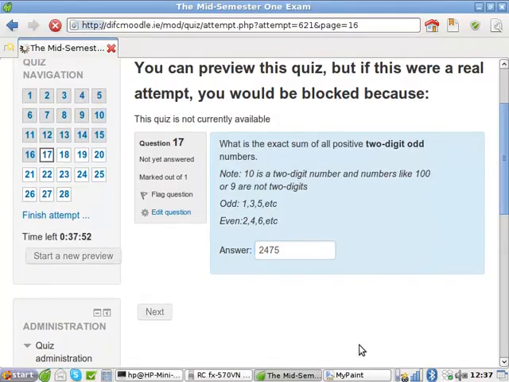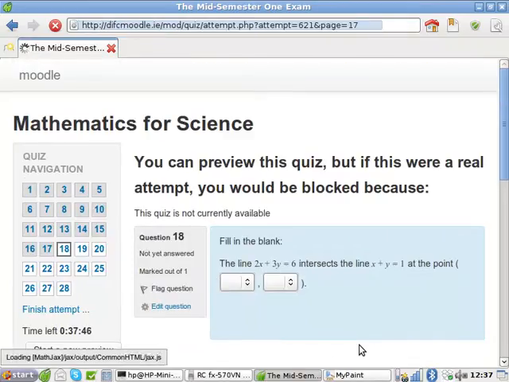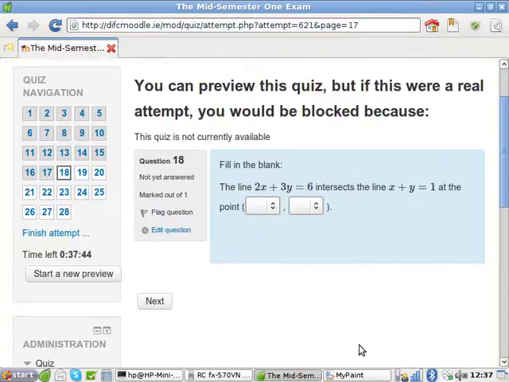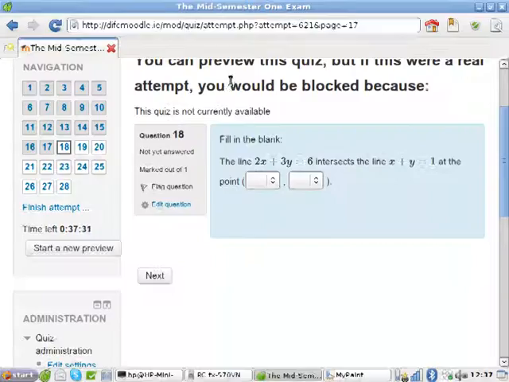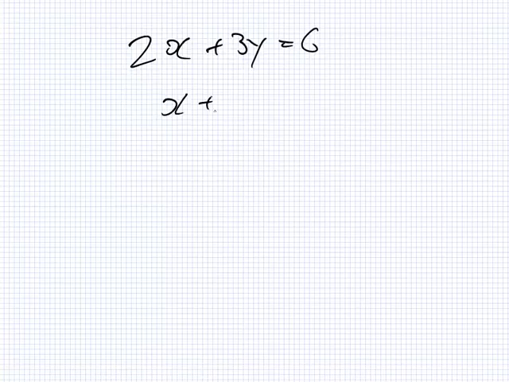Okay. Next. Where do these meet? Okay, so we have 2x plus 3y equals 6 and x plus y equals 1.